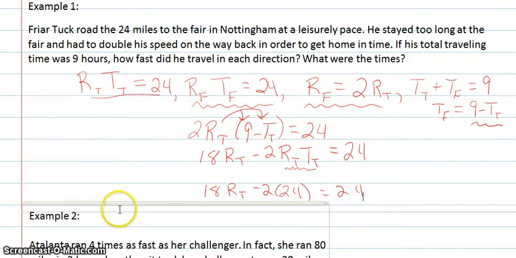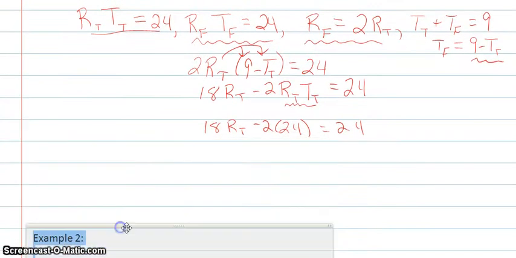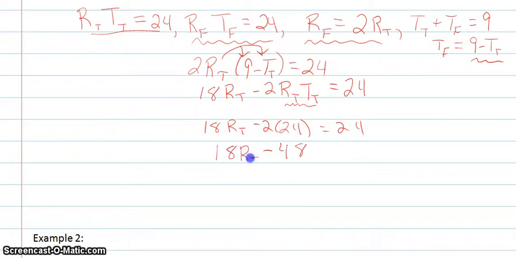Alright, let me move down to the second example just to give us a little bit more room here. Then I would multiply my negative 2 times 24, so it's negative 48. And then I would add the 48 to move it to the other side.